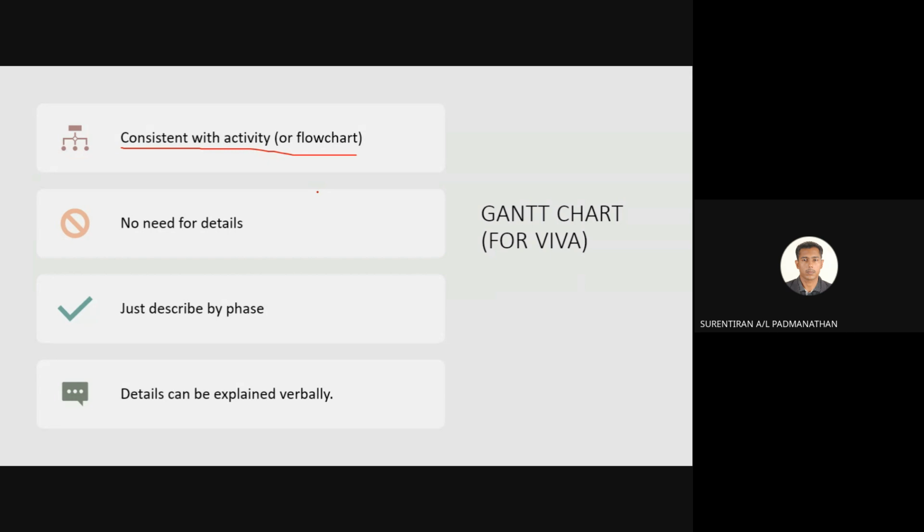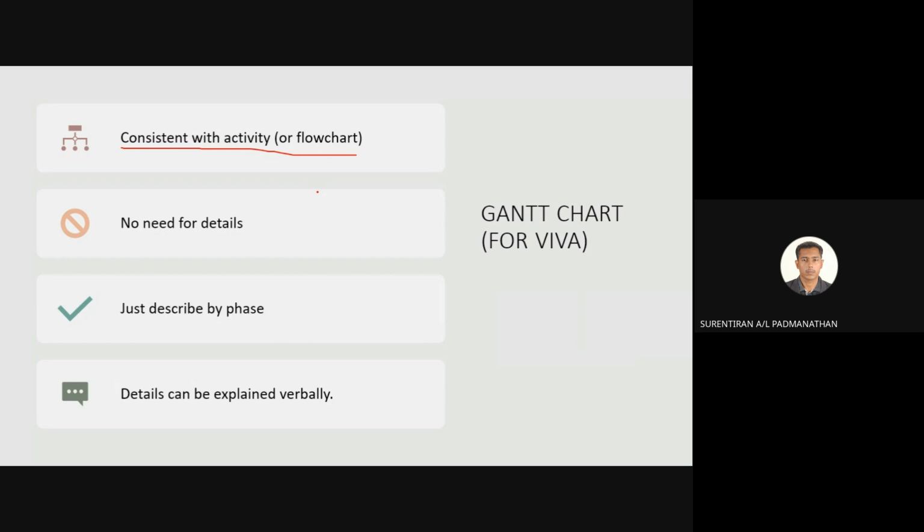Whatever you put in the flowchart, where you want to try this method, then after that go to the second method, third method, in the Gantt chart you have to show the milestones: how long you take to achieve the first method, the first process, then how long it will take for the second process.